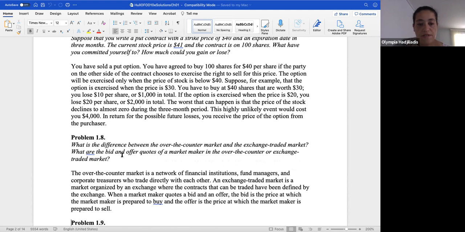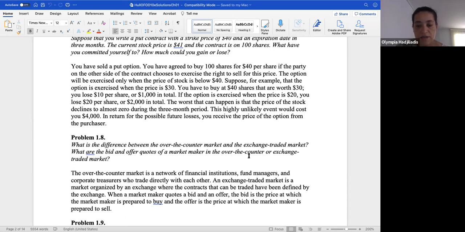What is the difference between the over-the-counter market and the exchange-traded market? What are the bid and offer quotes of a market maker in the over-the-counter or exchange-traded market? The over-the-counter market is a network of financial institutions, fund managers, and corporate treasurers who trade directly with each other.